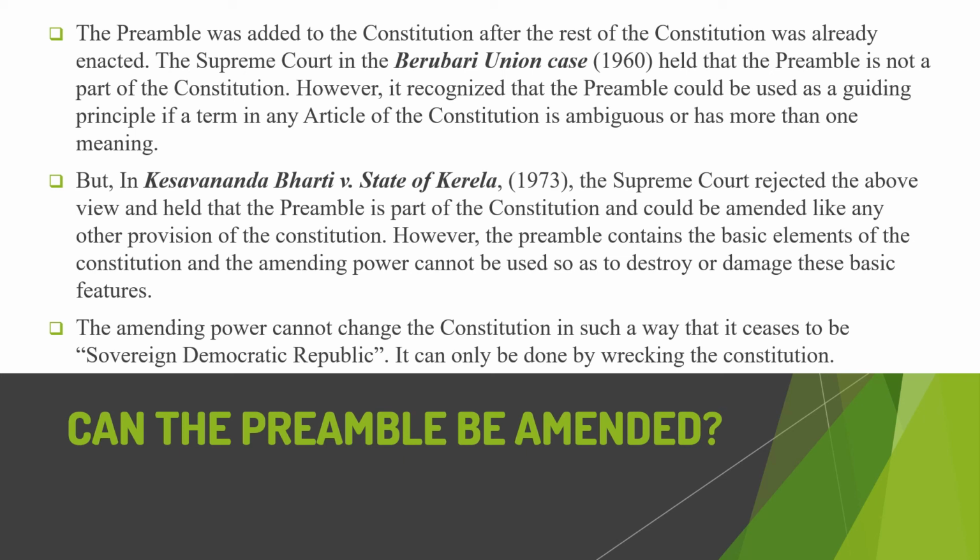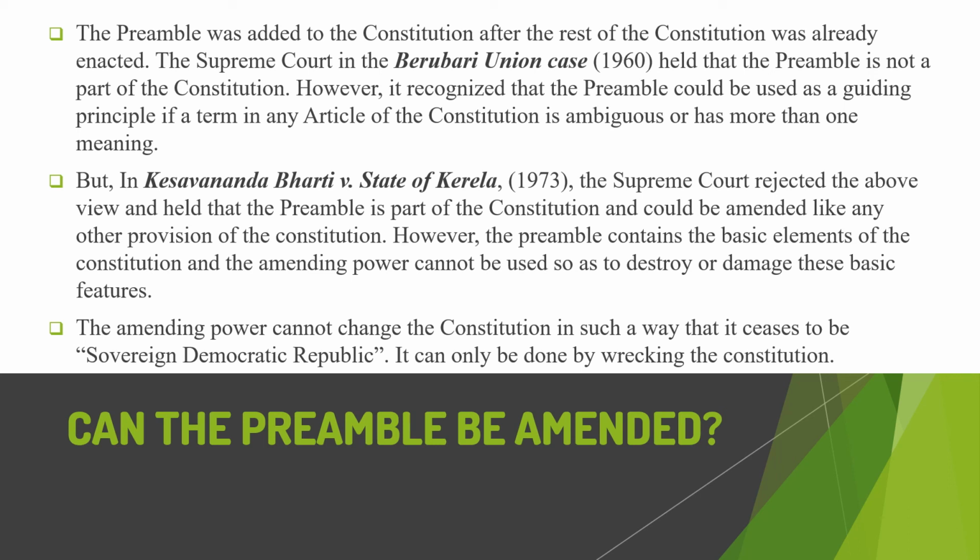The amending power cannot change the Constitution in such a way that it ceases to be a sovereign democratic republic. It can only be done by wrecking the Constitution. The preamble has been amended only once so far, surprisingly.